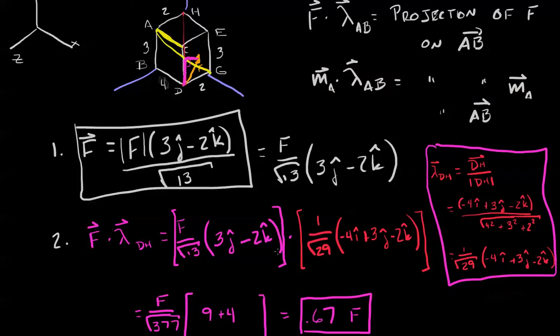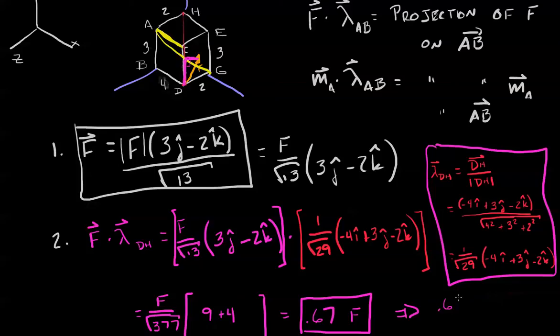If we wanted to say, well, what is the vector then of the force? We would simply take the force directed along the unit vector. So we'd take 0.67F, multiply or divide by square root of 29 here in this direction. Negative 4I plus 3J minus 2K.